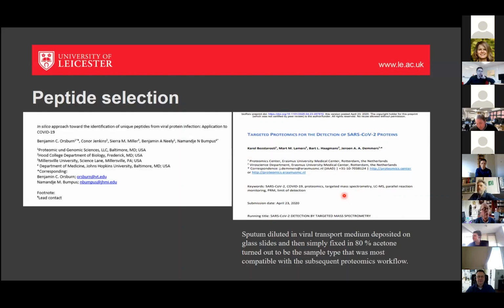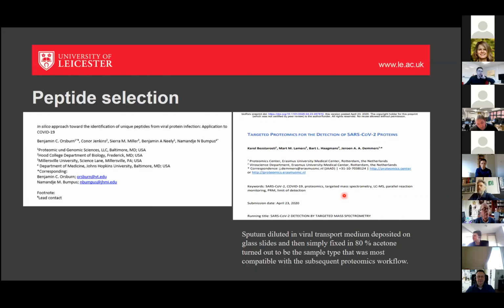One of the first questions if we're going to establish a diagnostic is peptide selection. And I think science has performed incredibly well over the last year. Two examples really of the speed at which people generated data and got it out, which you can see as being advantageous and disadvantageous.